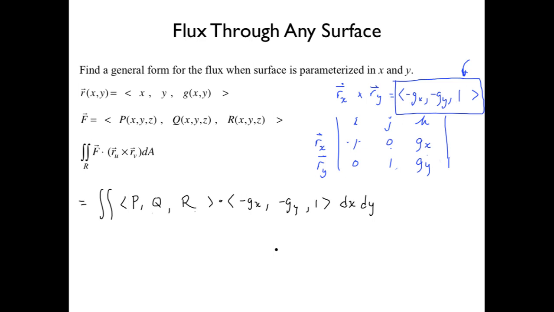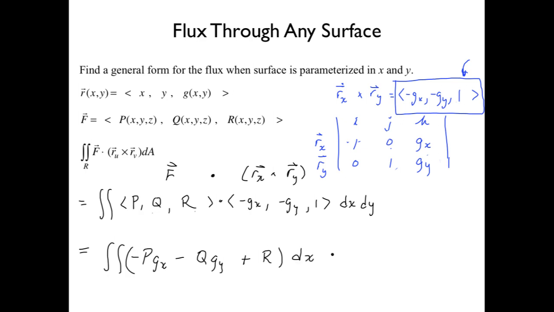Okay, so this is F dot the cross product. Here comes the general form then. It's going to be negative P gx minus Q gy plus R. And now this is going to be over the projection of the surface in the xy plane, right?